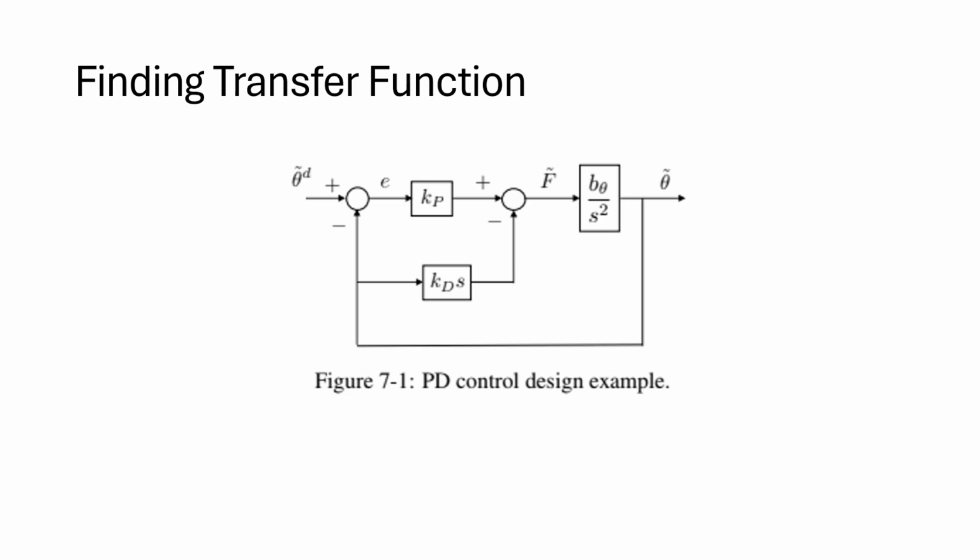So as far as finding the transfer function goes, this should be pretty familiar to you already. We've gone through a number of homework examples on the matter, but as a refresher, working from theta tilde and working backwards, eventually we'll be able to create it so that theta tilde is on one side of our equation and theta tilde d is on the other side, and then we can just divide in order to find what the transfer function of theta tilde with respect to theta tilde d looks like.